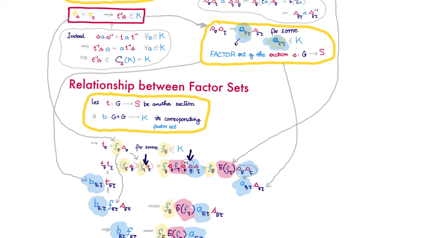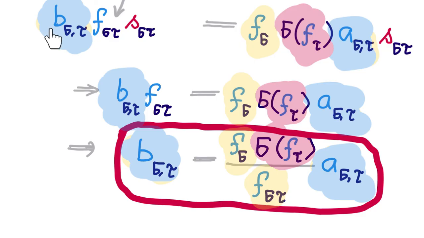On the other hand, S sigma F tau S sigma inverse. What is this? Well, this is just F tau conjugated by S sigma, but F tau is an element of K, and we have said that conjugation by S sigma on K is just the same as applying sigma. That is the definition of S sigma. So then we can replace this whole pink term with sigma of F tau. Thus, here we have a relation relating these factor sets B sigma tau and A sigma tau.